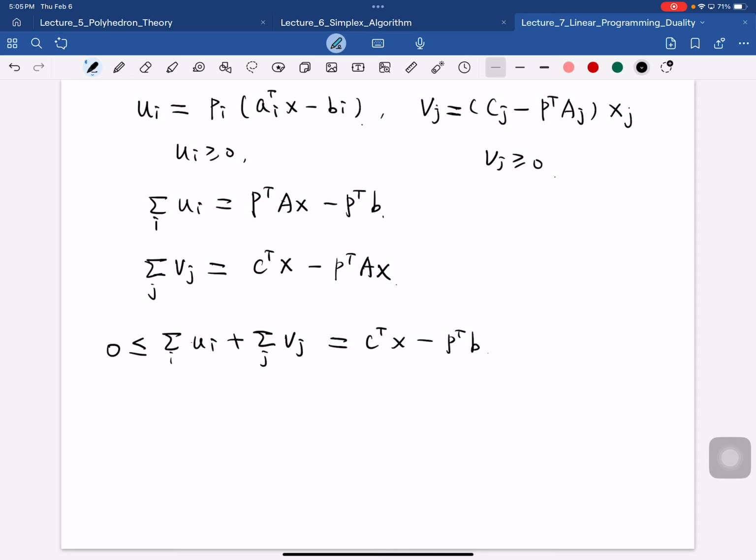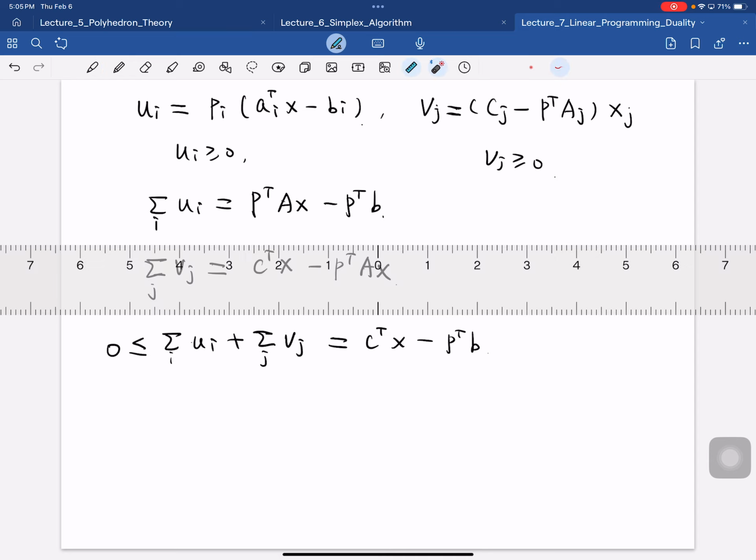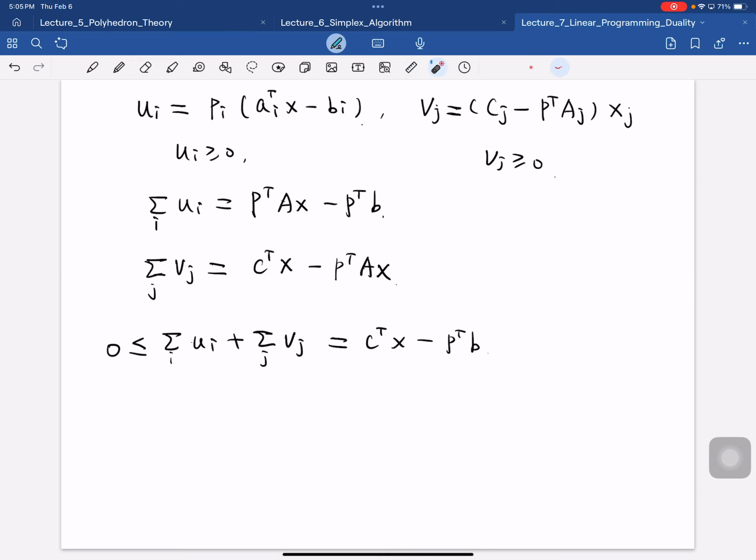So as you can see, you derive that c transpose x minus p transpose b is greater than or equal to 0. The reason I want to write this down is because I'm going to use the u_i's and v_j's for another proof later. But now, in order to understand weak duality, the proof is very simple, because the way you construct the primal and the dual already gives you weak duality.